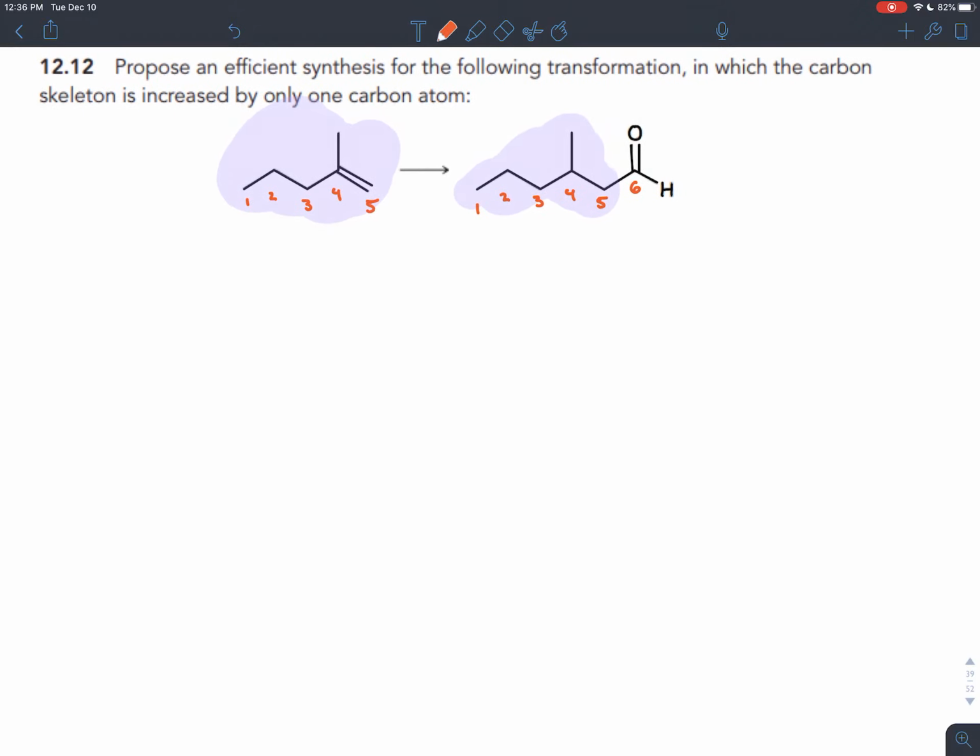In the back of our mind, we know one way to make an aldehyde, and so I'll just write that as a rough draft note. We have an aldehyde. That's a sign that we probably did ozonolysis with an alkene. And what made me think of that was the fact that we had an aldehyde here.